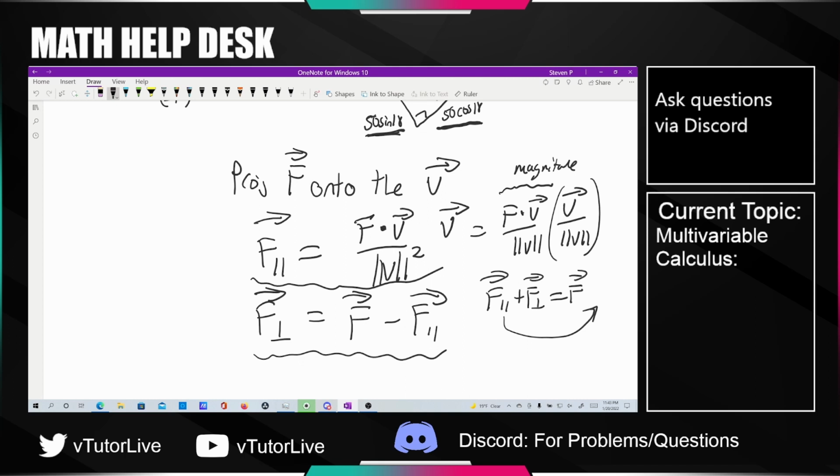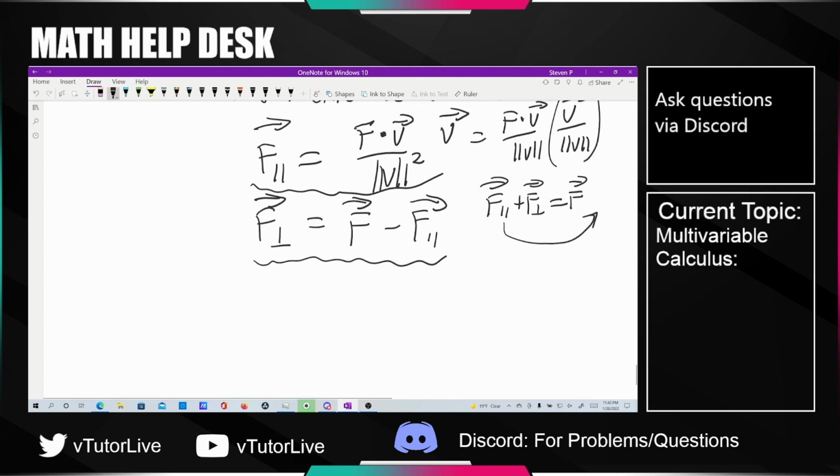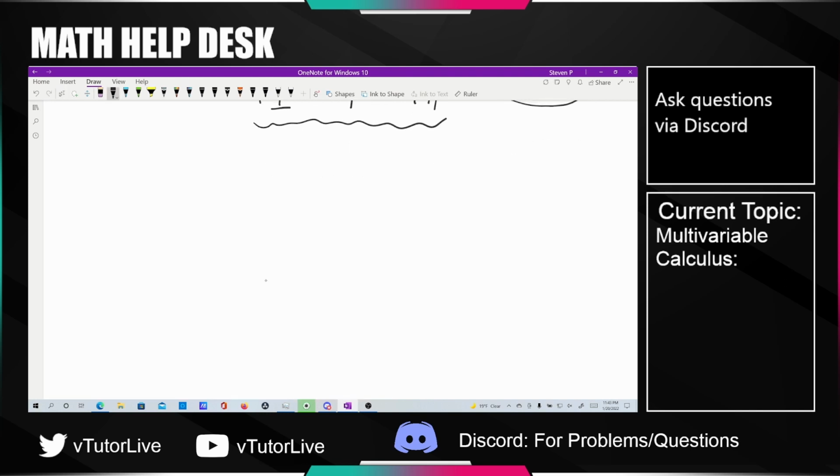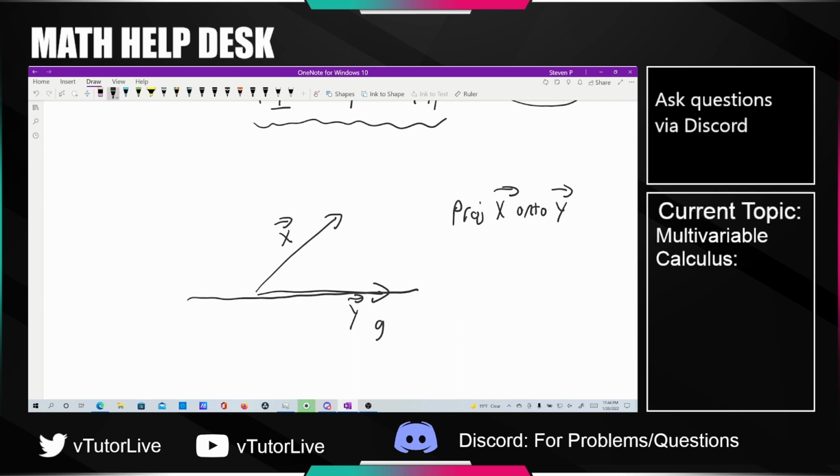Sure. It's really nothing particularly special. I just like putting it in terms of everyday objects. If you had some vector x and some vector y, and you want to find the projection of x onto y, think of it like an everyday example outside, where y is the ground, and this is maybe your house, and x is like a beam or a rafter that you're laying against the side of your wall.